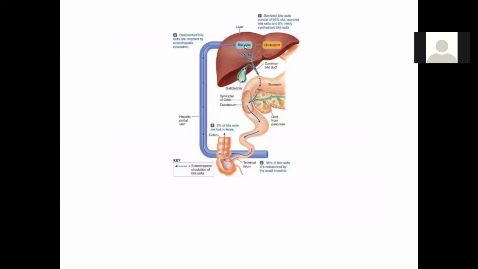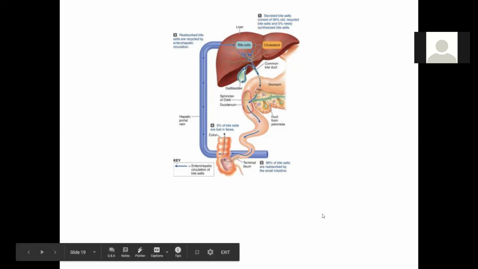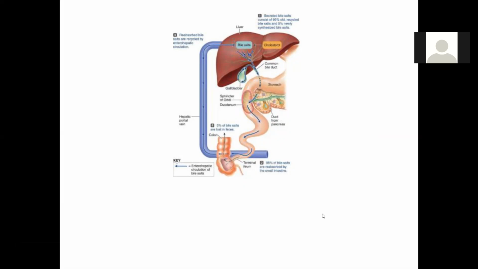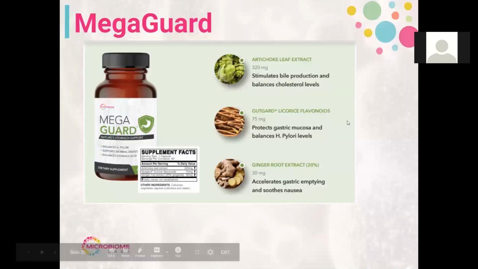This diagram is just showing that most bile salts normally will travel through the intestinal tract and then be reabsorbed. And this is a very efficient system when it's working and not clogged up with bad diet and inflammation, drugs, and toxins. So we propose the artichoke in our formula.